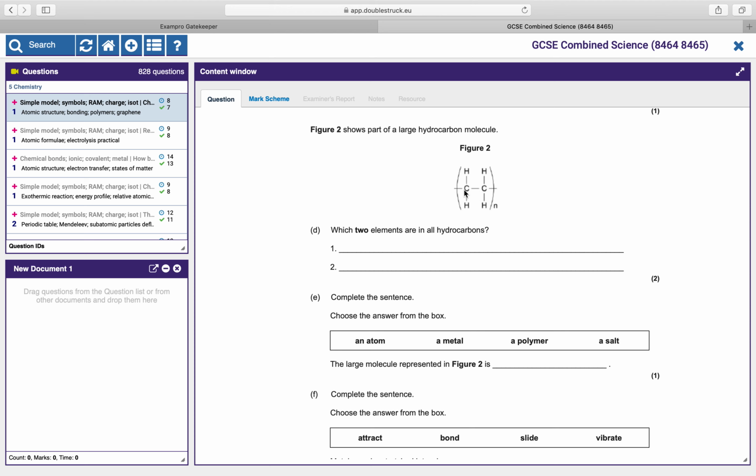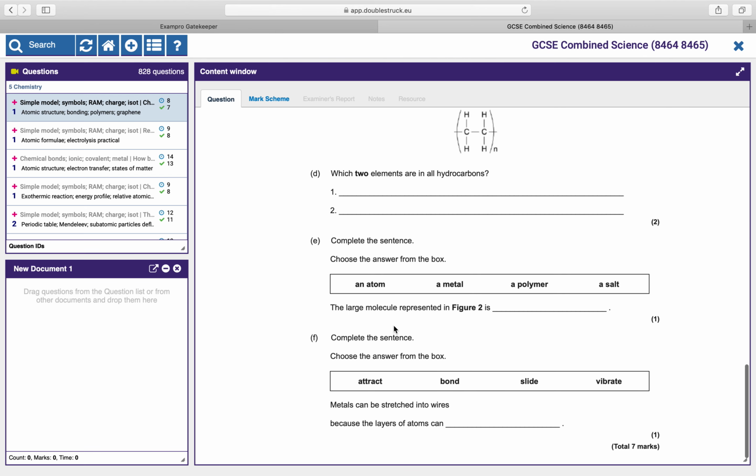Which two elements are in all hydrocarbons? I think I can break it down quite easily. Hydrogen and carbon, those are the two elements. It tells you: hydrocarbon, hydrogen and carbon. Complete the sentences, choose the answer from the box. The large molecule represented in figure 2 is a polymer.